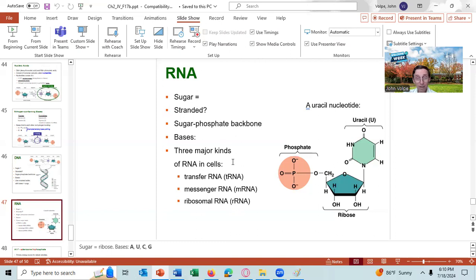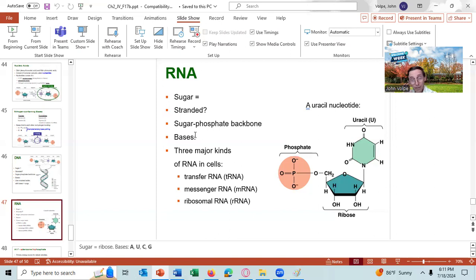And they all have the same 4 nucleotides as well, because RNA only has 4 nucleotides, which will be a nucleotide of adenine, a nucleotide of guanine, a nucleotide of cytosine, and then a nucleotide of uracil. So it has the same 4 bases.